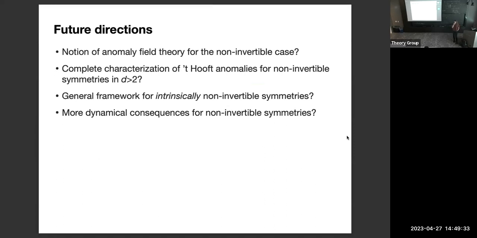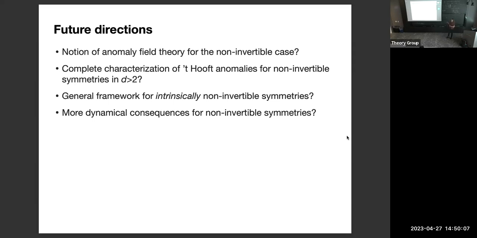So your framework applied to dimensions greater than 2. There's no parallel of the other approaches to dimensions greater than 2. Well, so yeah, our framework. The problem is, of course, we have some criterion for the anomaly. The upshot is it's very computable in some cases, and it does apply to these higher dimensions. So that's very nice. But it's one criterion. It's not an if and only if statement. It's not a full characterization of the anomalies.